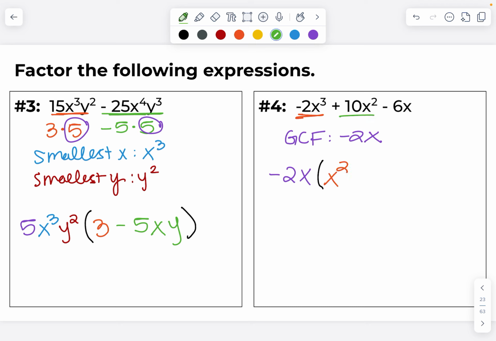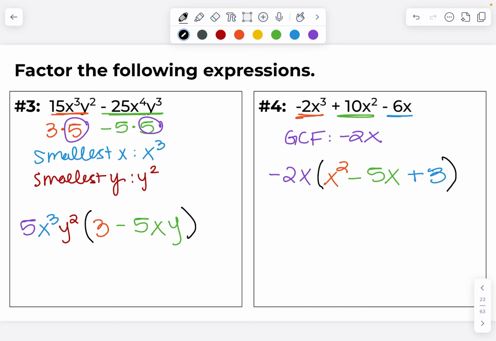What gets left behind here would be a negative 5. So a negative 2 times a negative 5 gives me that positive 10. And I'm taking 1x away, so that leaves 1 behind. And then lastly, if I pull a negative 2x out from here, that's going to leave behind a positive 3. And that's going to be my final answer for this one.